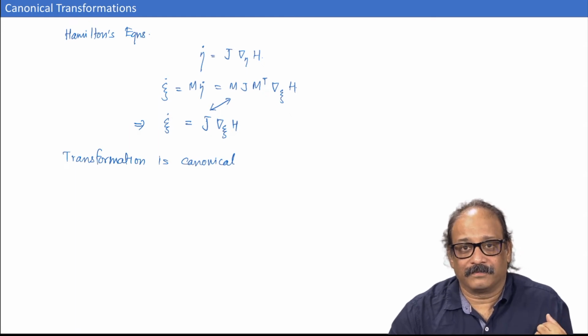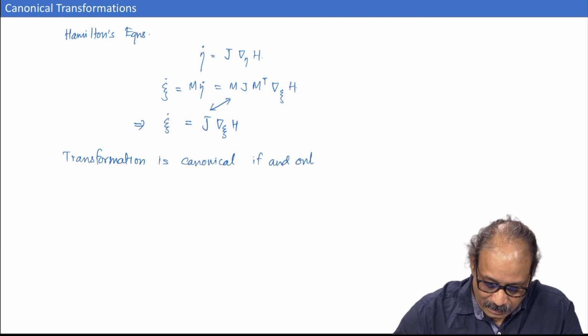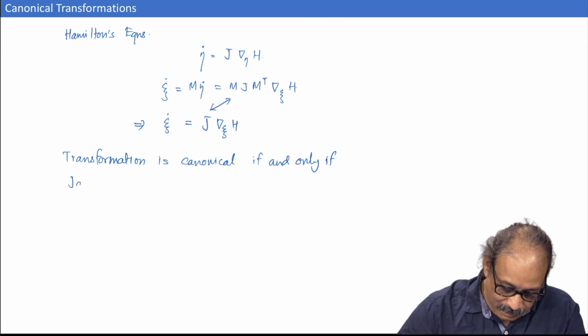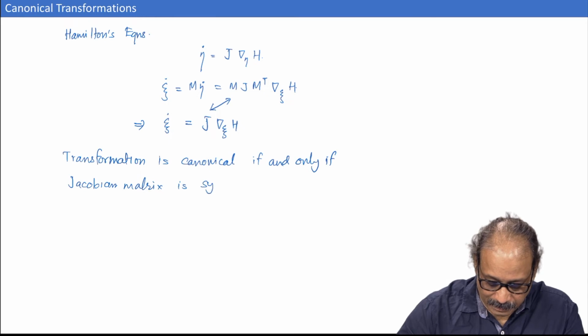Now, we are using the definition we wrote in the previous slide. So, canonical if and only if, you can see that the only if part would also be very simple, if the Jacobian matrix is symplectic.